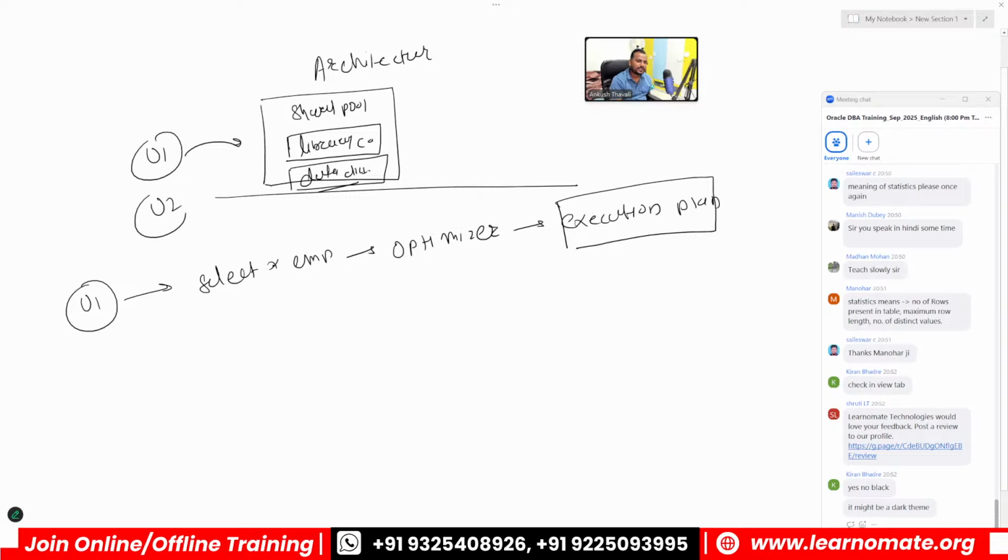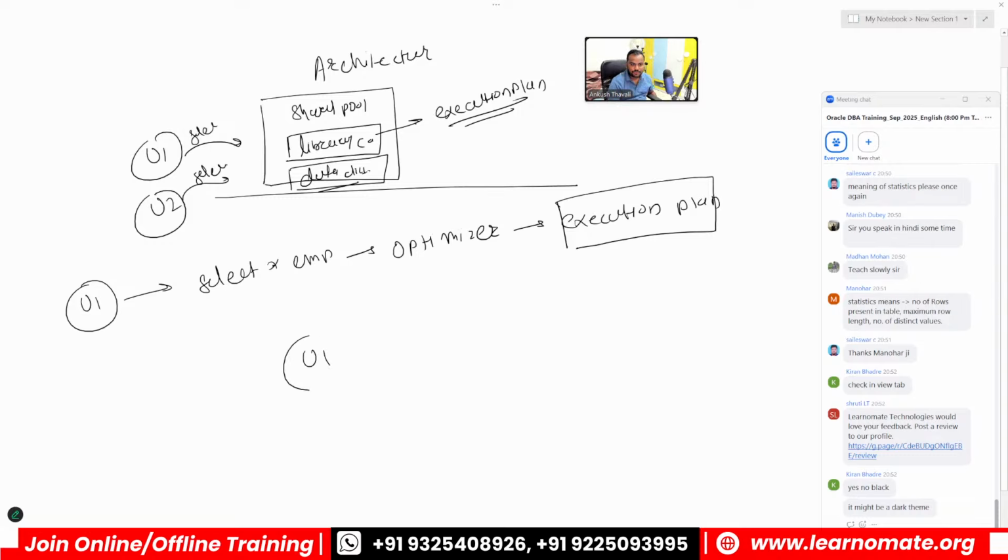Consider a situation that there is a user 2, also running the same command. Both users are running the same command. Do we need to create an execution plan again? Do you think the optimizer will create one? No, because the library cache already has the execution plan. Whatever plan is created by the optimizer is available under your library cache.